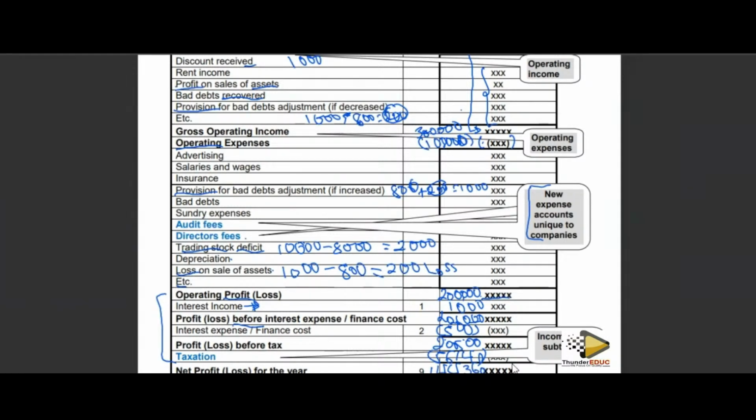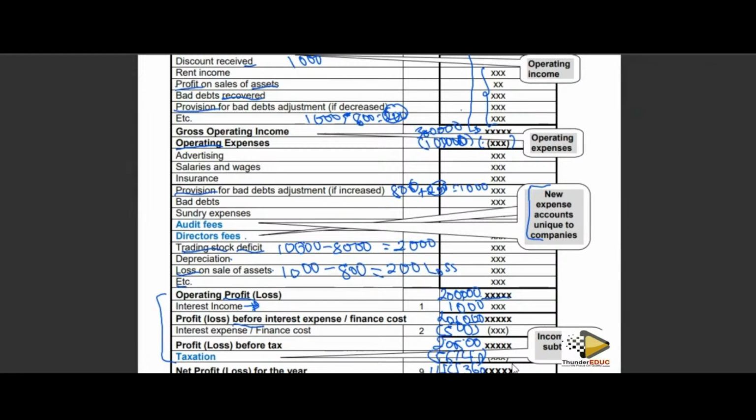So this will be our net profit. The net profit which we have here is what is left after we started with our income, removed all the expenses, and paid tax to SARS. So this is what is left for the business owners to share.